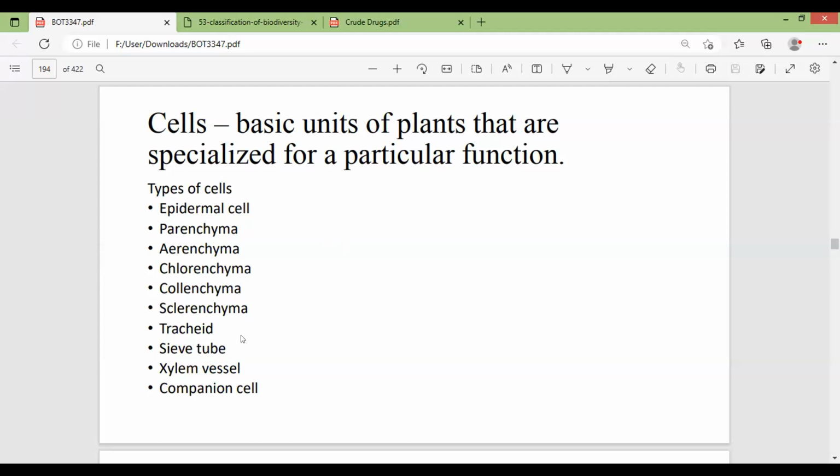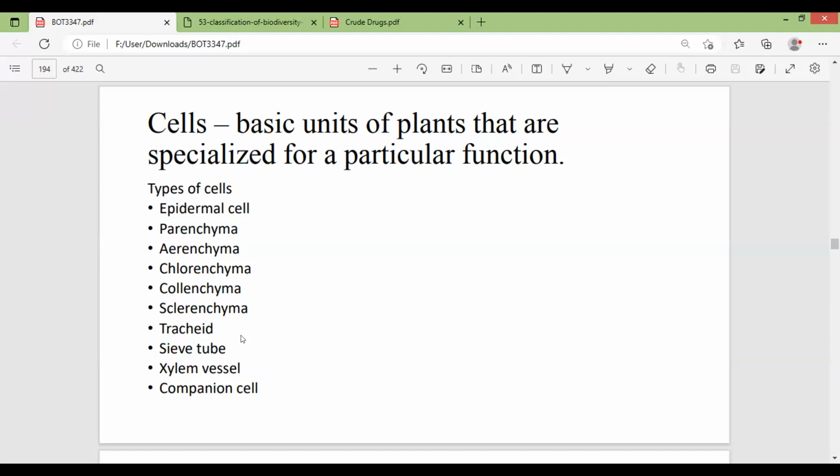So secondly, we have our parenchyma tissue. We'll mention that parenchyma is the most abundant tissue, right? It has different functions.